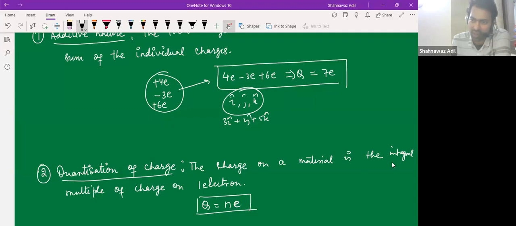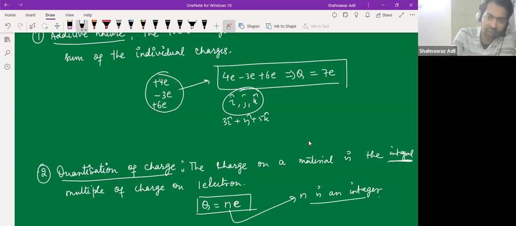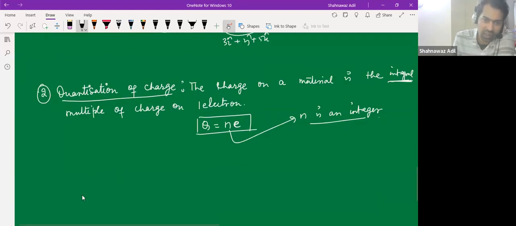This term is very important, right? Integer, so this n is an integer now. That is why we are saying that this is an integral multiple. So if you are given a material and somebody says that its charge is 3.5 e, is this possible?